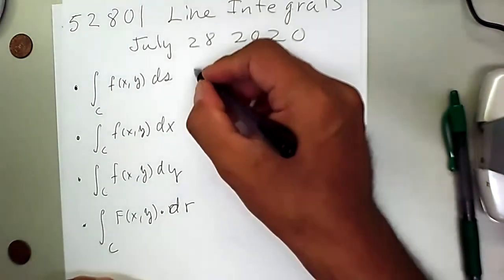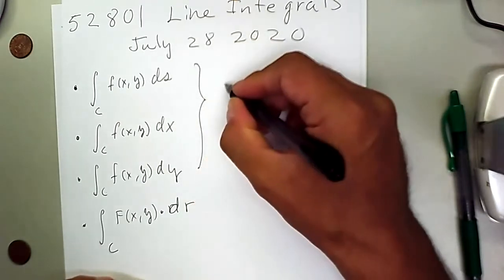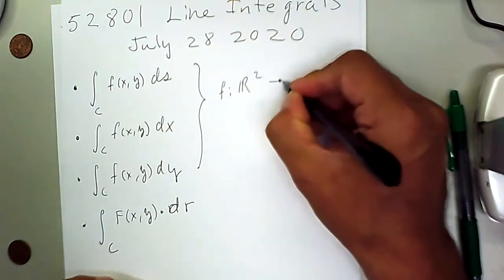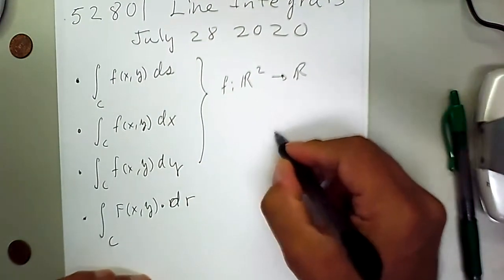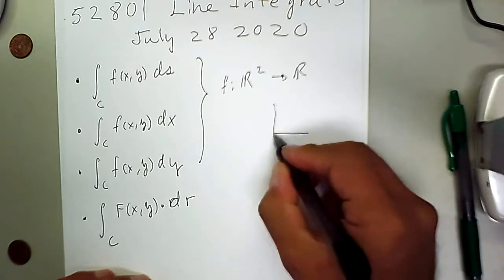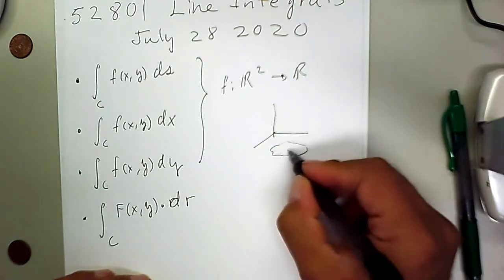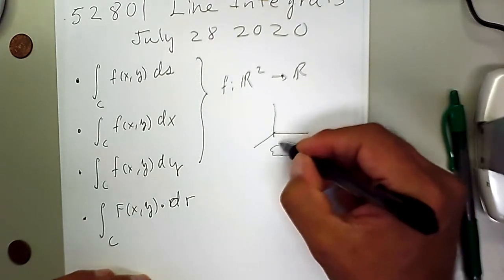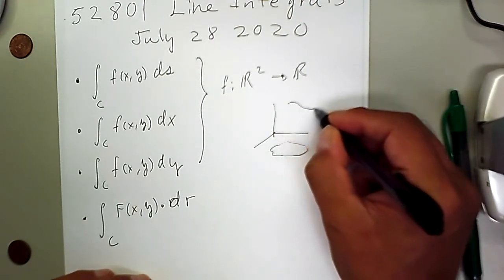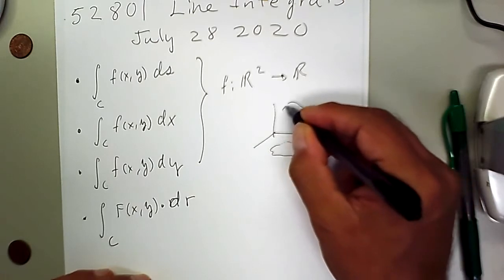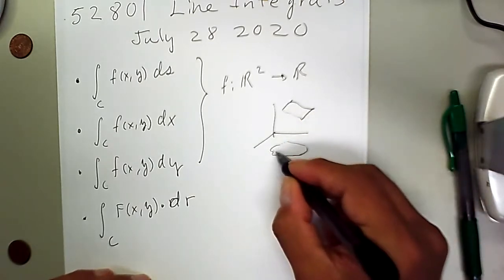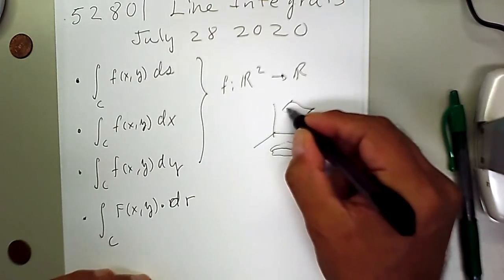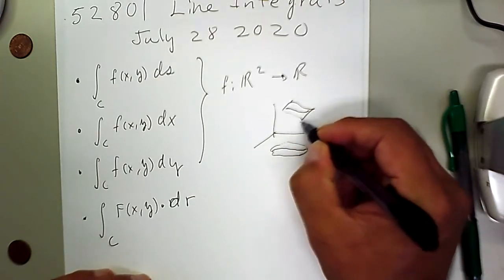Now, in these three examples, we're assuming that f goes from R squared into R. So you have a generic region, and then we have a function. But then we take a path within that region. So the region is not as relevant as the path itself. The path is really what we're integrating over.